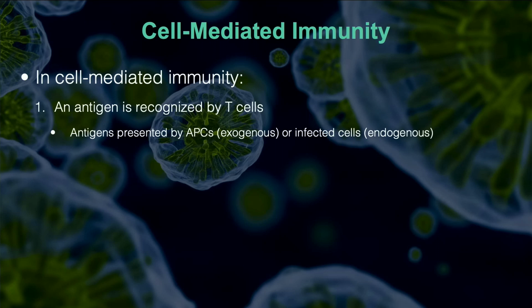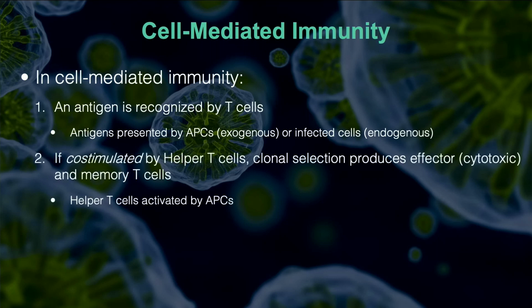So T cells are central to this arm. If they recognize the antigen, they will want to mount an immune response, but they can't do it alone. They need to be what's called co-stimulated or helped. If they are co-stimulated by helper T cells, then clonal selection will ensue.